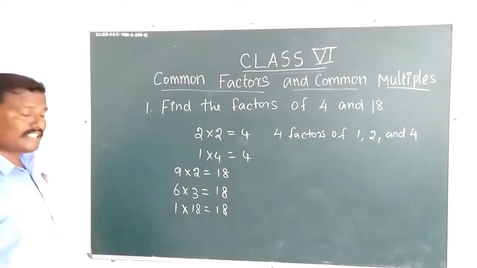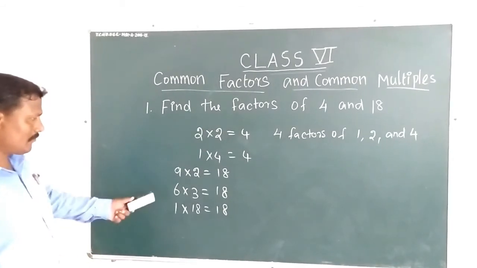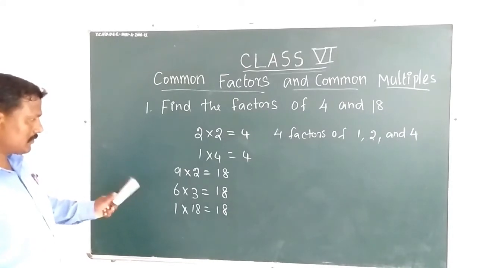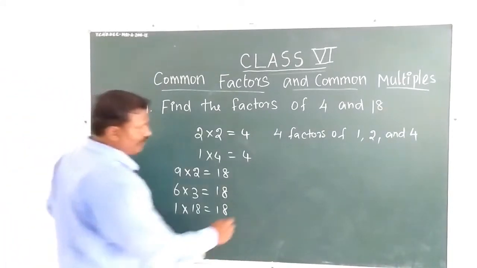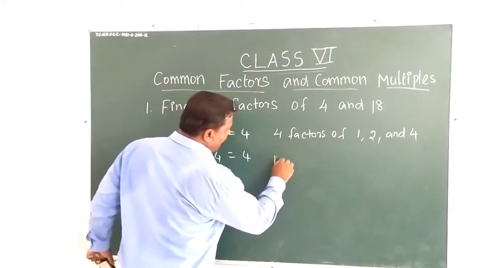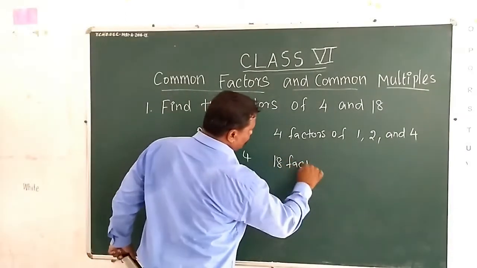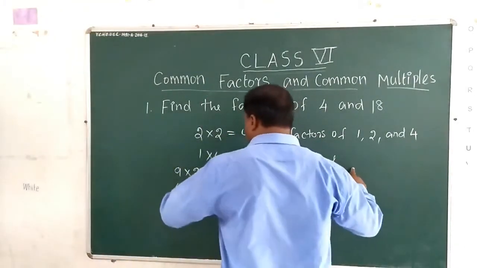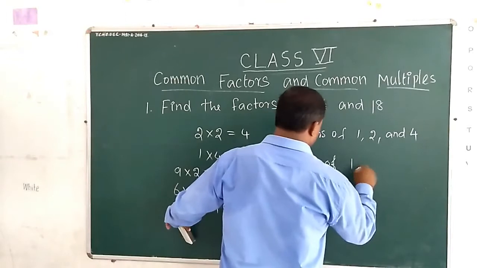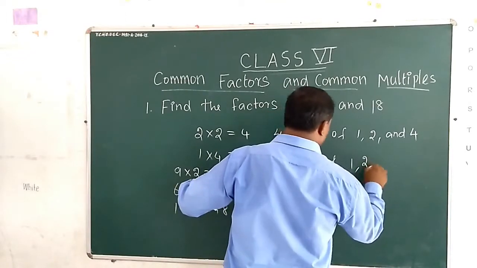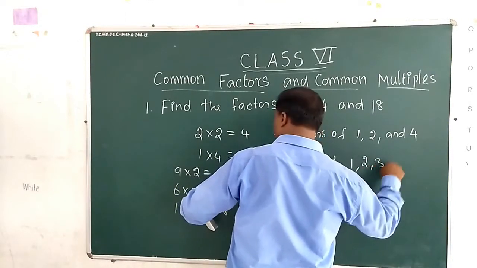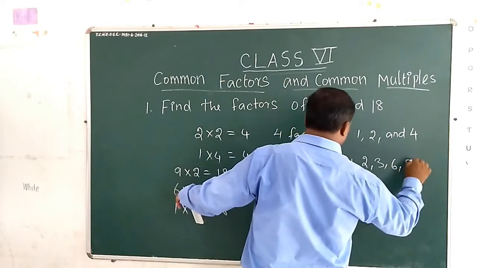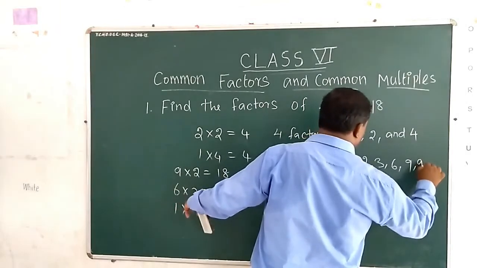Is there any other factor? This much only. So what are the factors of 18? 1, 2, 3, 6, 9 and 18.